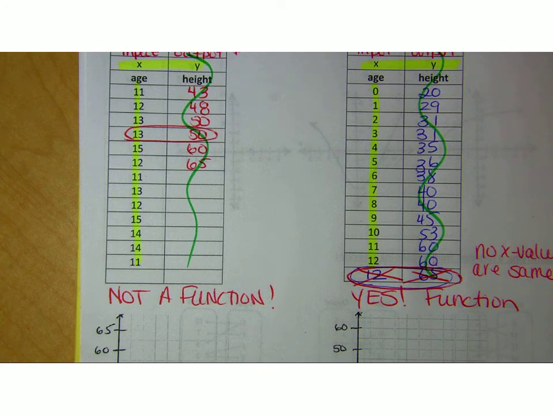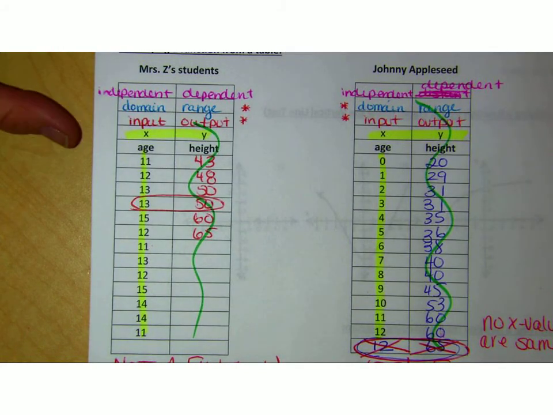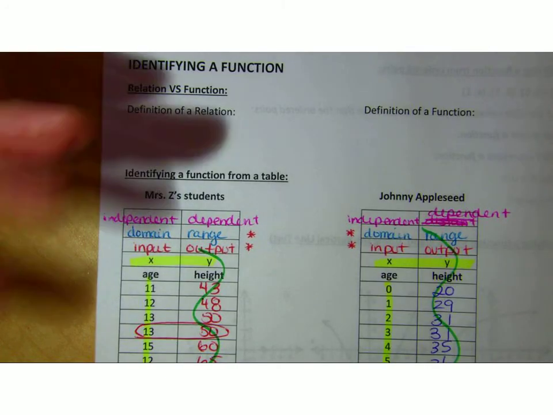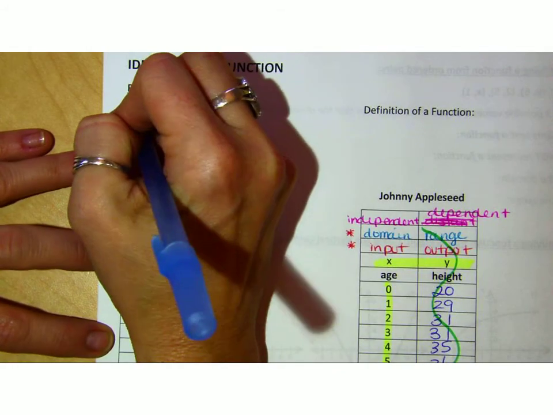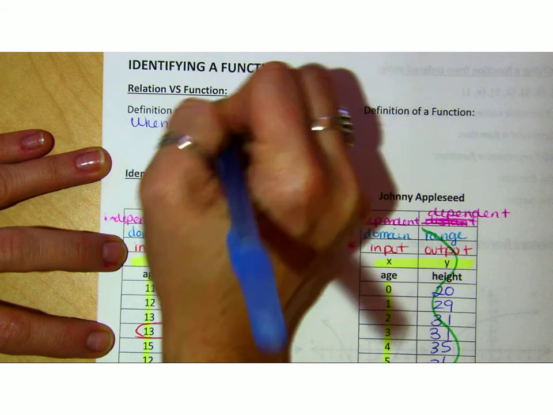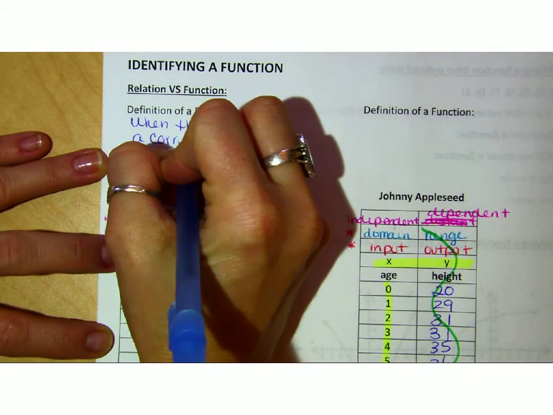So the definition of a relation is basically just when there's a correlation or a connection between two things. I'm going to use the word correlation because that's a word that you're going to need to know.